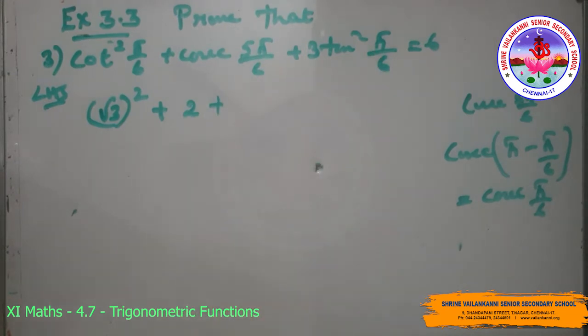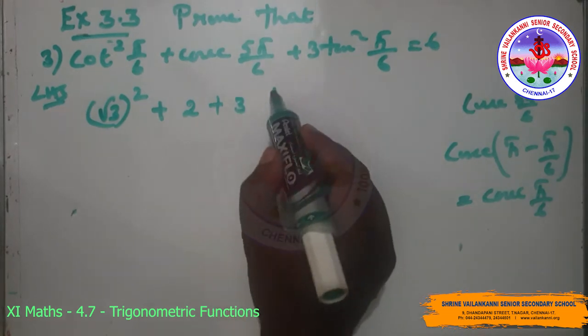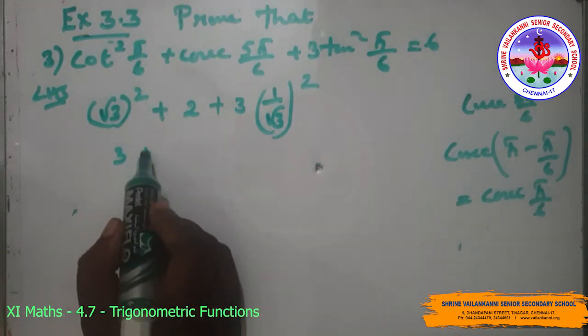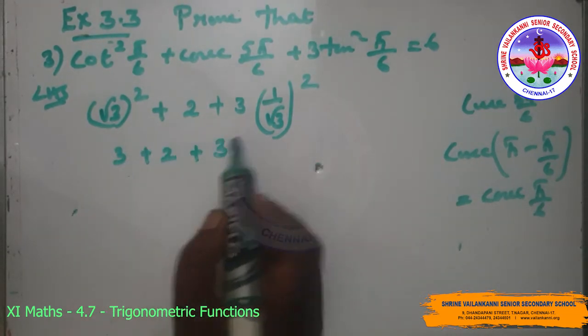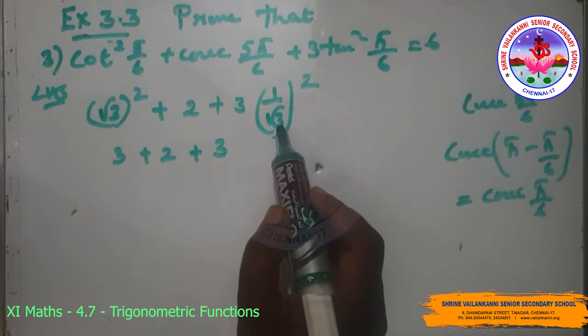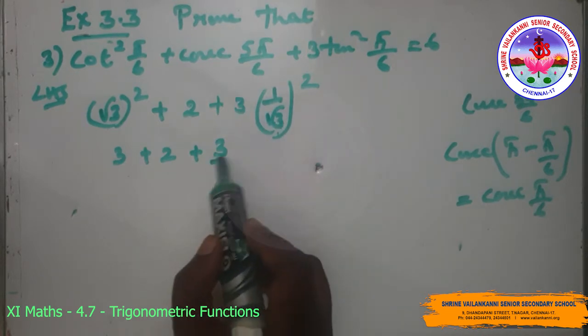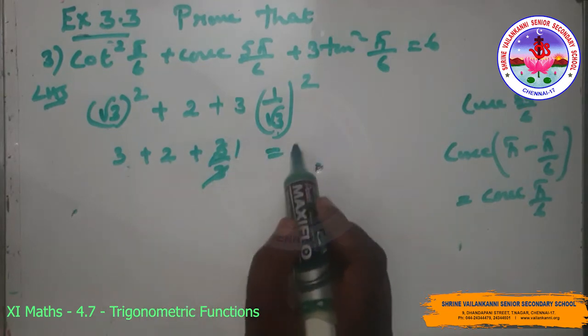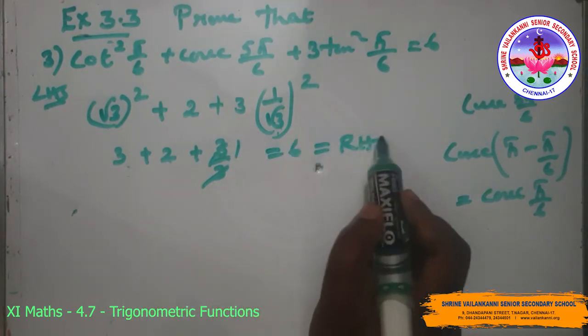Tan pi by 6 is tan 30 degree. Tan 30 is 1 by root 3. So 3 into 1 by root 3 whole square. So 3 plus 2 plus 3, 1 by root 3 whole square is 3. So 3 and 3 will get cancelled which will become 1. So 3 plus 2 plus 1 which is equal to 6, which is RHS.